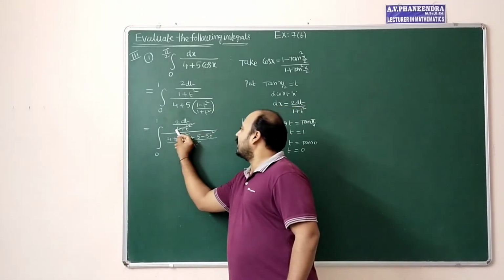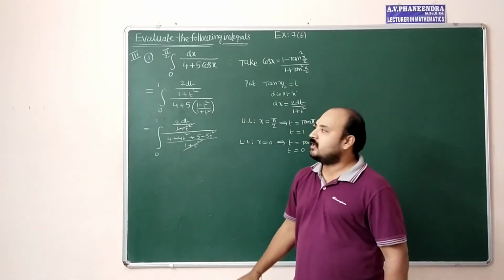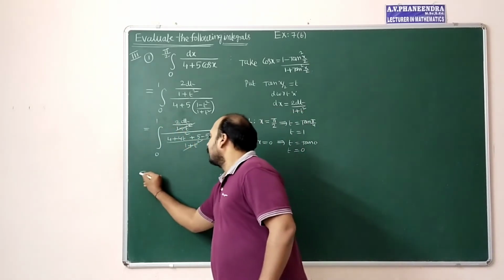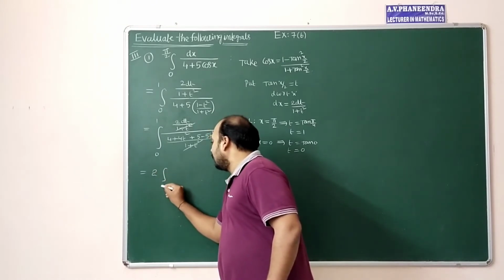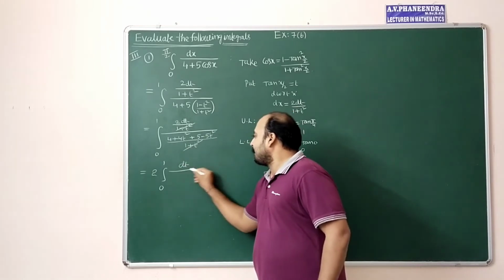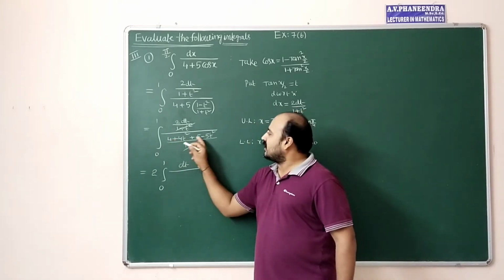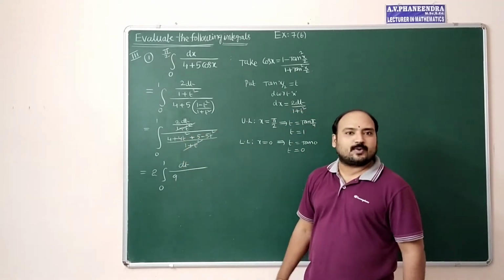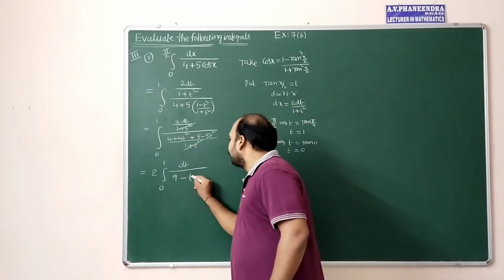Here 1 plus t square gets cancelled. 2 is a constant; we can take it outside of the integral. So 2 into integral 0 to 1 dt divided by 4 plus 5 is 9, 4t square minus 5t square is minus t square.